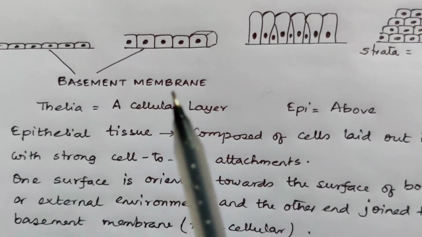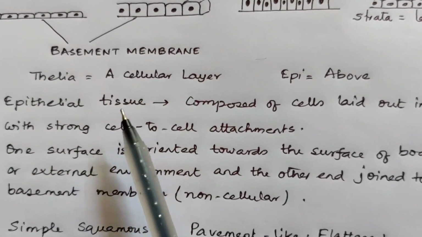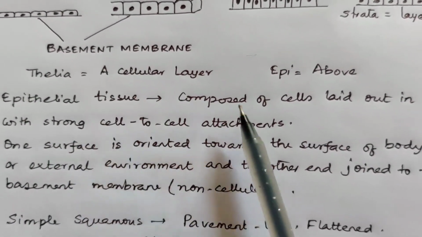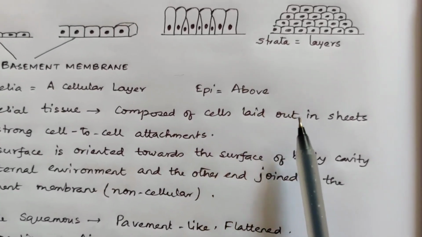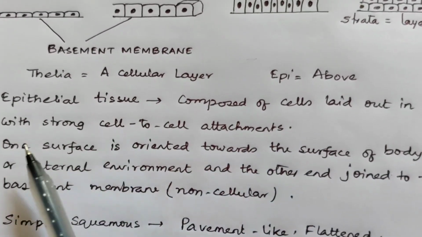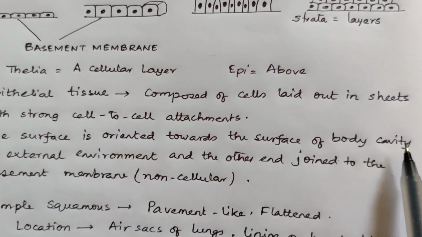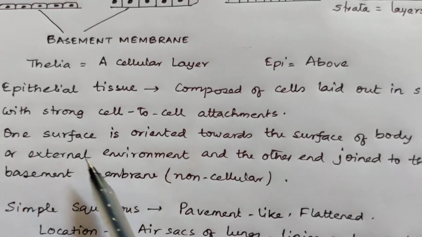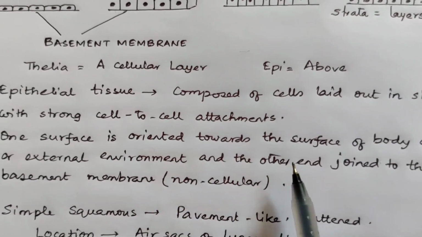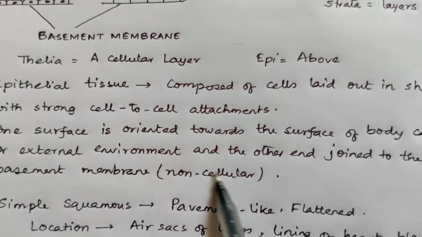Now coming to each of them separately. Epithelial tissues are composed of cells laid out in sheets with strong cell-to-cell attachments. One surface is oriented towards the surface of the body cavity or the external environment, and the other end is joined to the basement membrane.